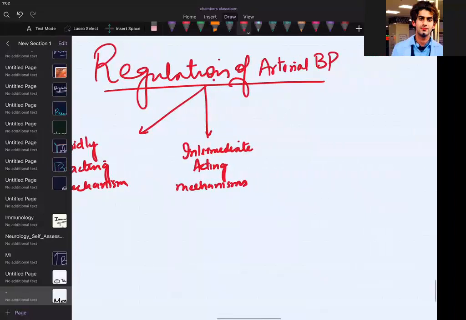Then we have long-term mechanisms. Important topic, I can say the very important topic from cardiac physiology, regulation of arterial BP. This is what you will be doing with the patient of hypertension. If you don't know who is controlling the BP, how can you understand the disease then, isn't it?